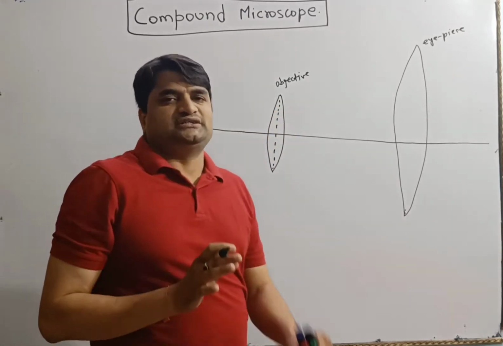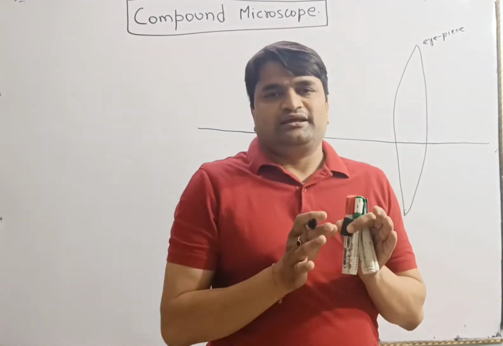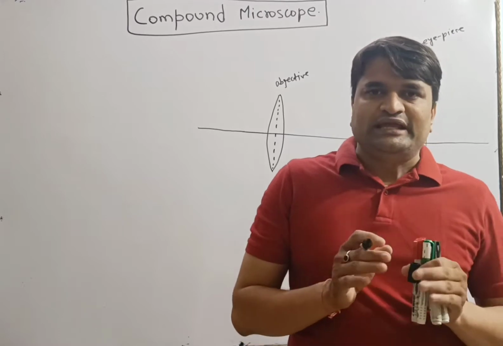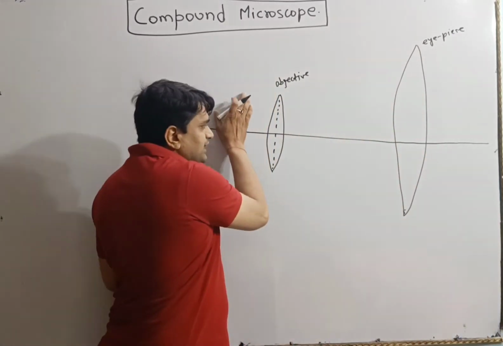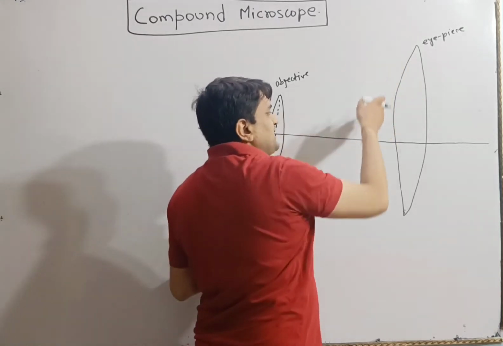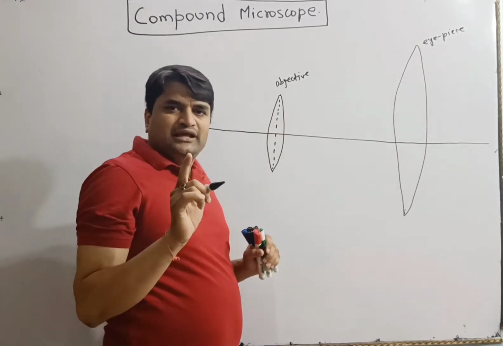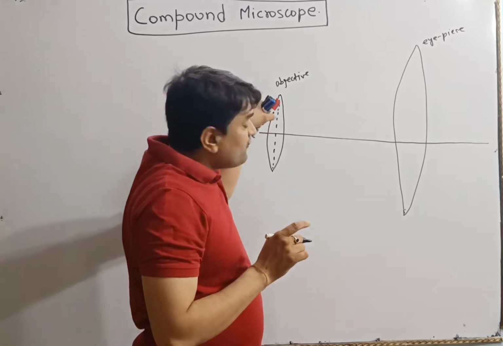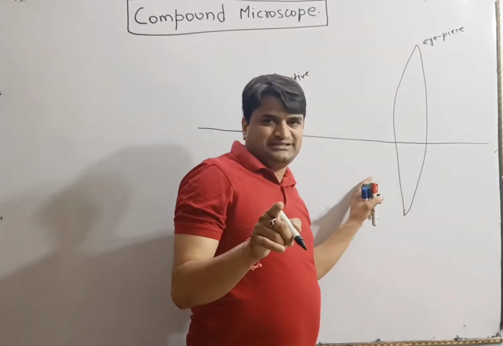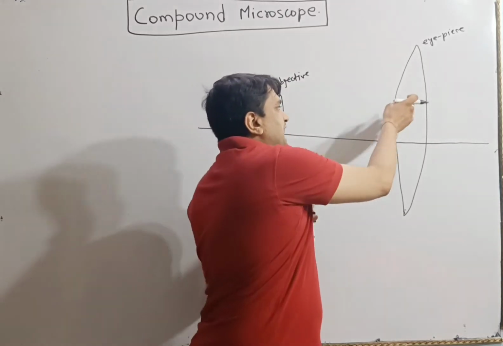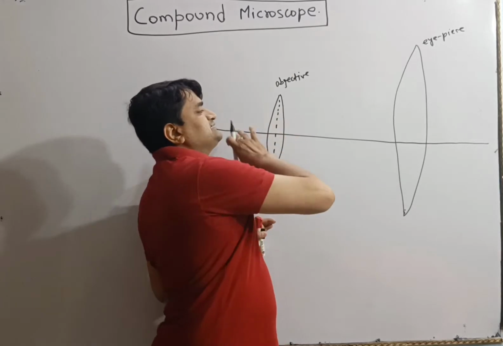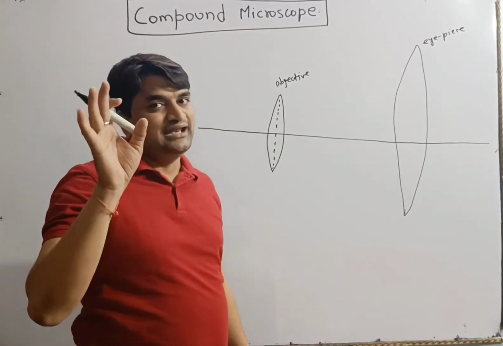The basic function, the basic strategy we can say for microscope and telescope both, is that we make the image from the objective lens in the focal plane of the eyepiece. Simple: we make the image of the objective lens in the focal plane of the eyepiece, and the eyepiece makes the image in the same direction as a virtual and enlarged image.